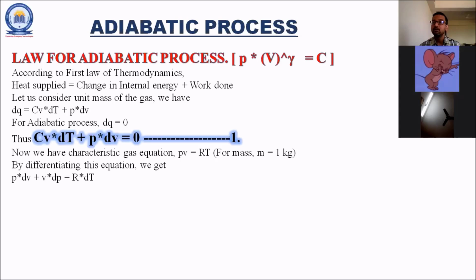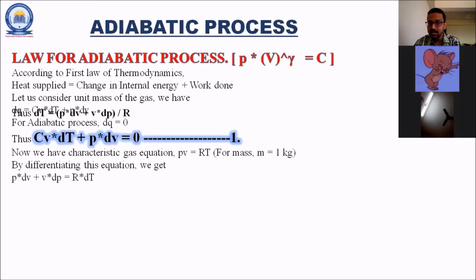So I can write down in the similar manner, that is P into dV plus V into dP, that is equal to R into dT, plus there will be one term T into dR, but R is the constant value, so differentiation of a constant term is equal to 0, so no need to write that 0 term. So finally, on differentiating this characteristic gas equation, I am getting the answer P dV plus V dP is equal to R dT.